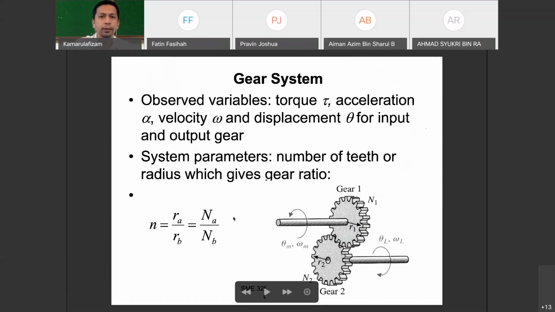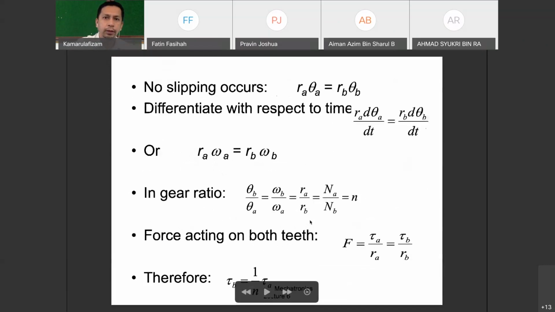Alright, so N here is your ratio, R is the radius, and N is basically the number of teeth. Alright, here you can see your gearbox, your gear basically.